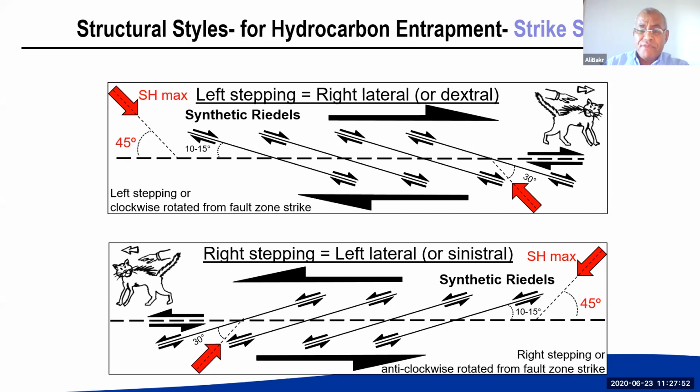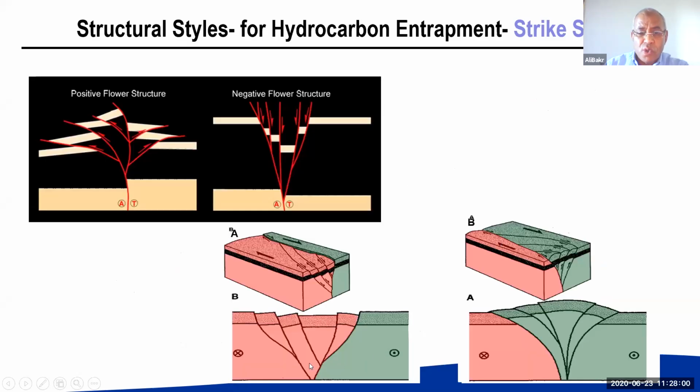On the map view, you can see this very easily on the right lateral and left lateral, and on the cross section you can see it producing what we call a positive flower structure or a negative flower structure, where one of the units moved toward you and the other one moved away from you in the other direction, and it produced a very complicated kind of structural trap.